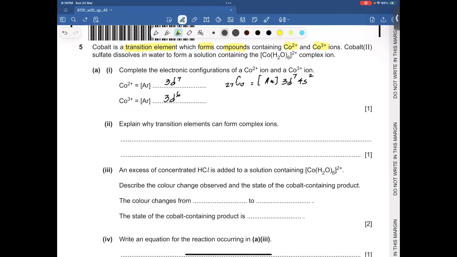Okay, explain why transition elements can form complex ions.